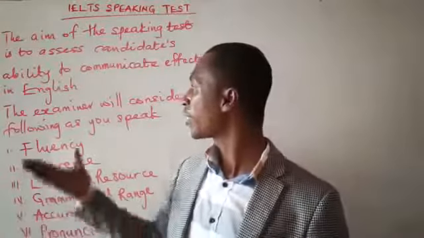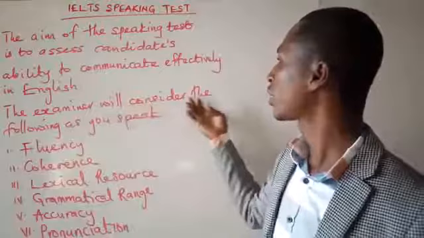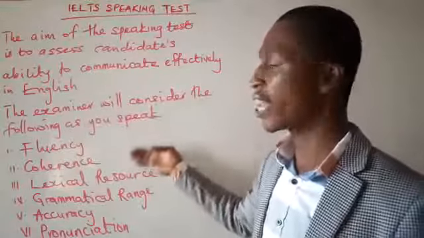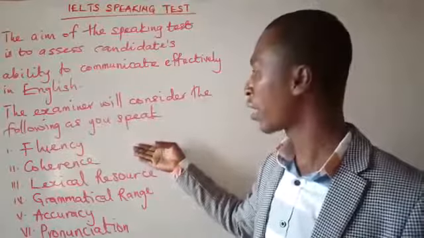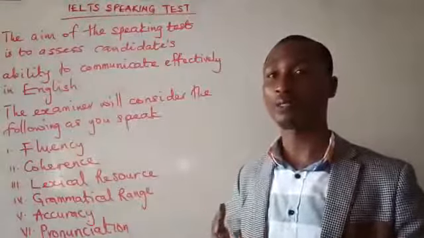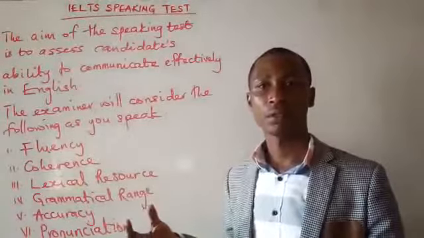Now, based upon that, the examiner will consider the following areas as you speak. So these are the areas the examiner is going to consider. First, they will check on your fluency, how you flow. Now, the language must flow like water. Then coherence. Is that okay?